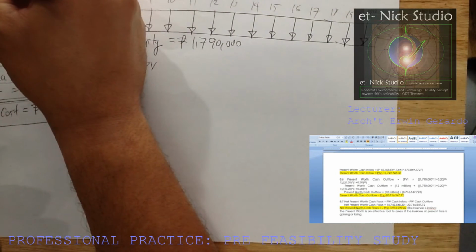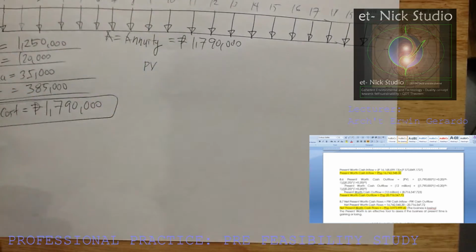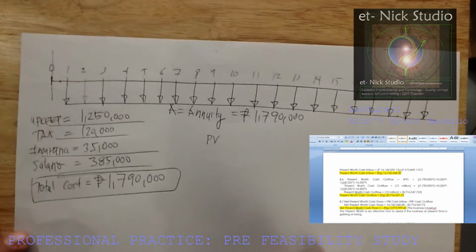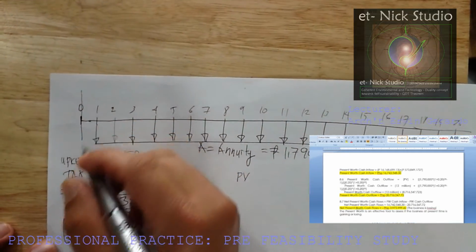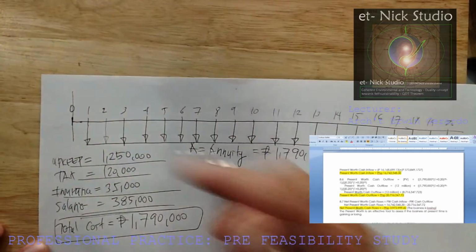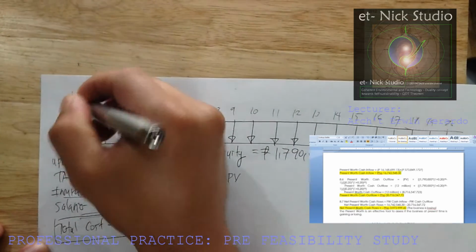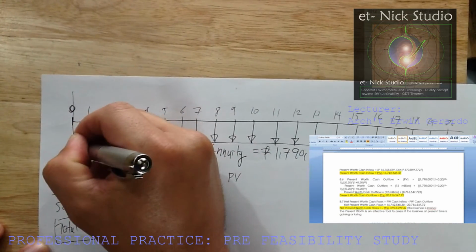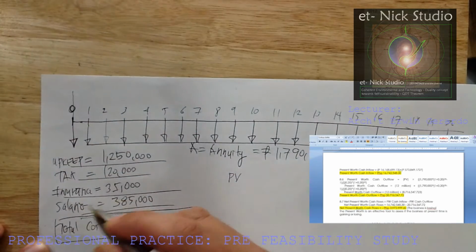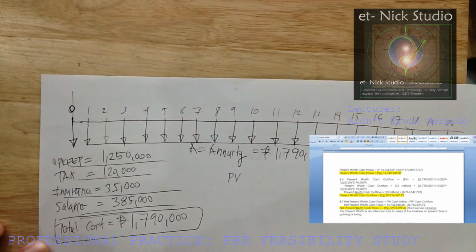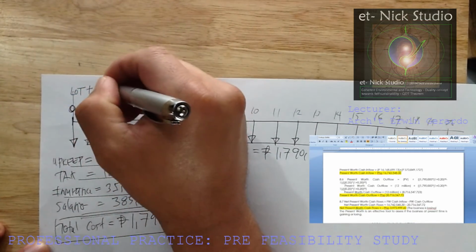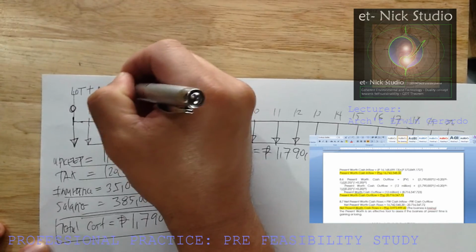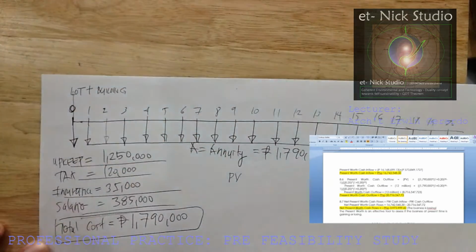It is actually being benchmarked at this diagram. So take note that at present value, 0 is the beginning. So the investor needs to invest into the lot at the beginning of the period, and so was the building. That is why it was already benchmarked at 0.